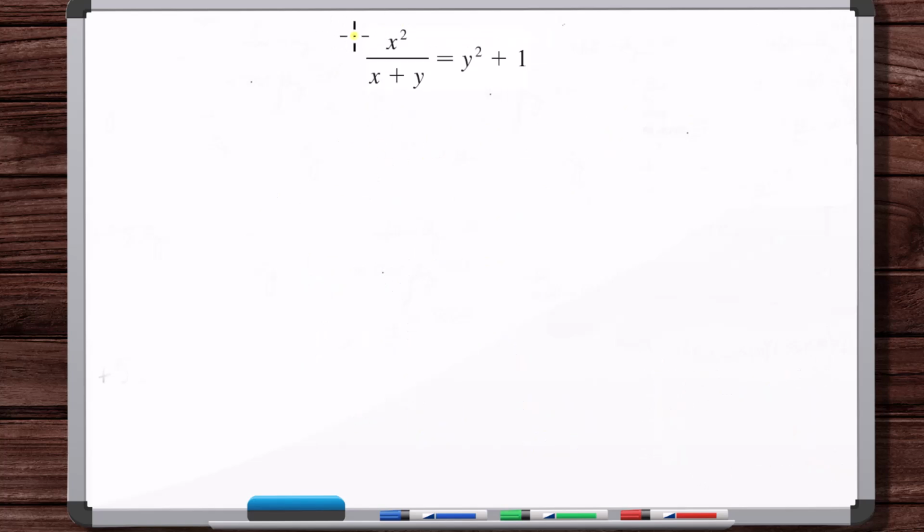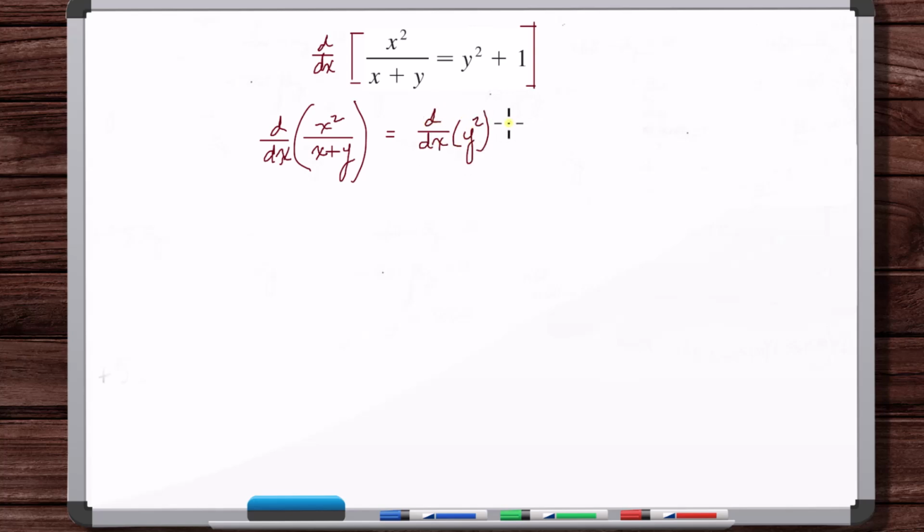Let's take the derivative with respect to x of this entire equation. Just to make this clear, we've got d dx of that side of the equation, and then we've got d dx of y squared.